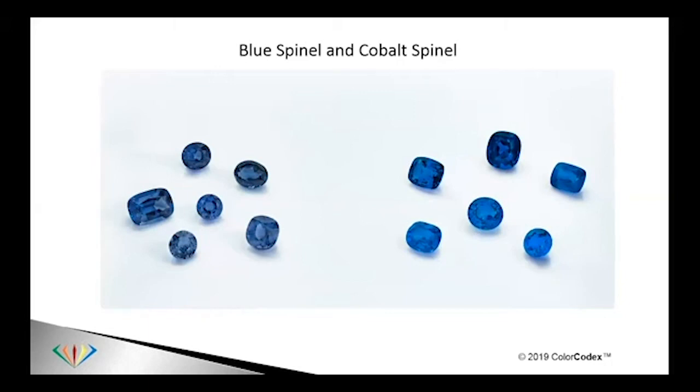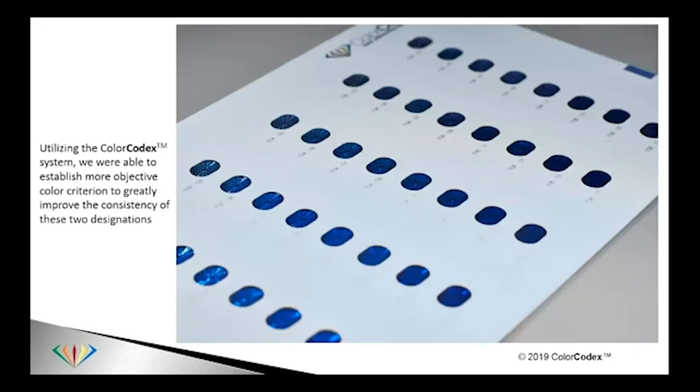The stones that we classify as a blue spinel look more like a steely blue color, whereas the stones that are predominantly colored by cobalt have a more quintessential cobalt blue color, for lack of a better word. And as a result, because we can visually see this, we've also been able to start setting the parameters for this using the ColorCodex system.